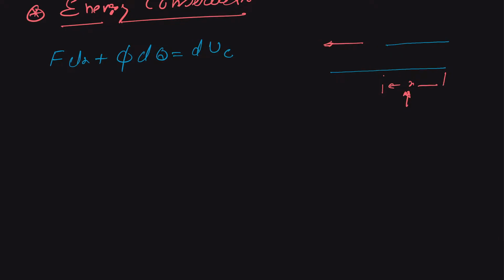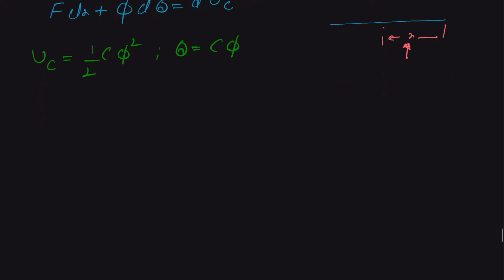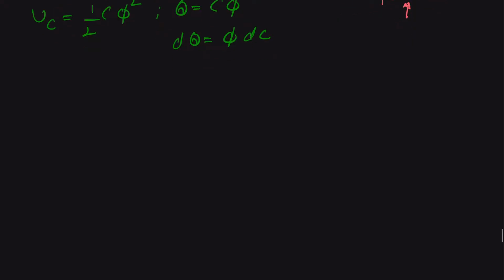We know that the energy associated with the capacitor is half C potential square, and we know that our charge is equal to capacitance multiplied by the potential, and therefore from here we can say that the small charge will be equal to the potential multiplied by the change in capacitance.